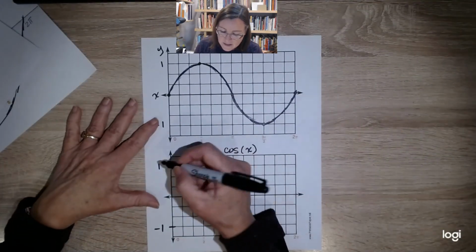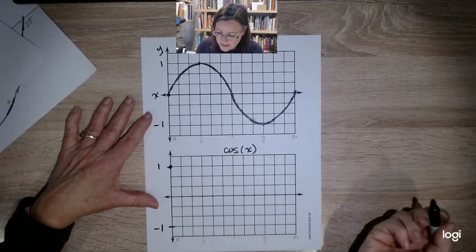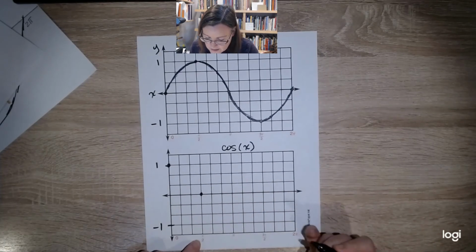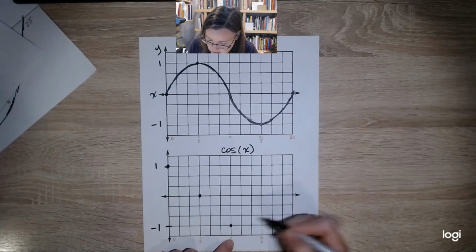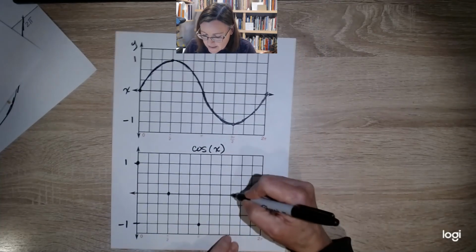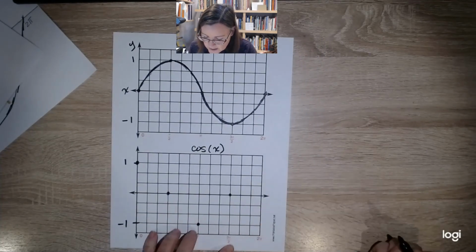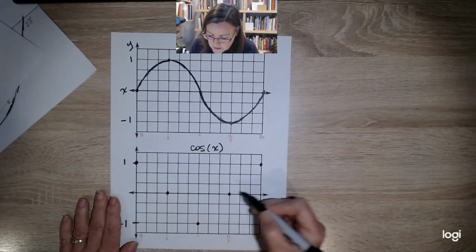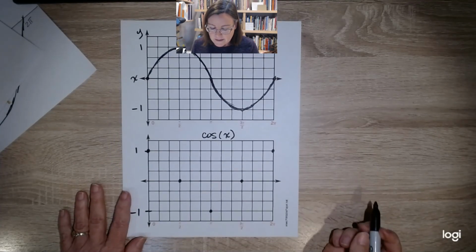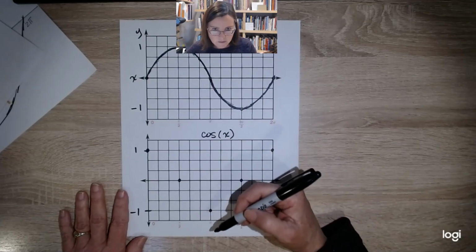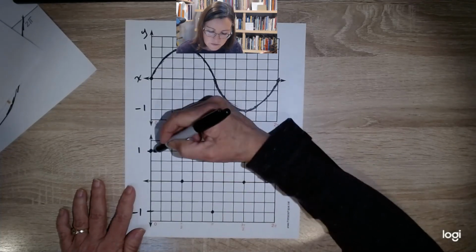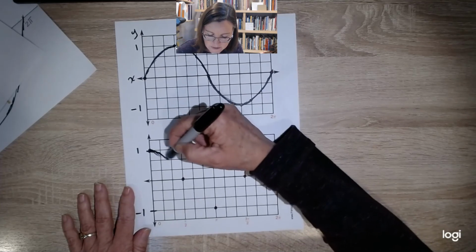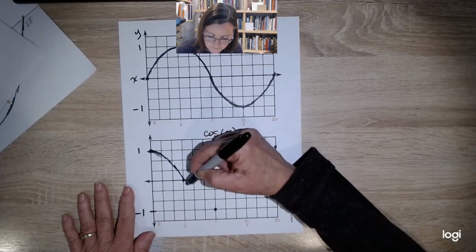So I have a max, I have pi over 2 as a 0, then I have a min at pi, then I have a 0 at 3 pi over 2, and then I have another max over here. And now I'm going to sketch my cosine graph. Again, I'm not going to do anything weird and funky. It's going to be curvy.